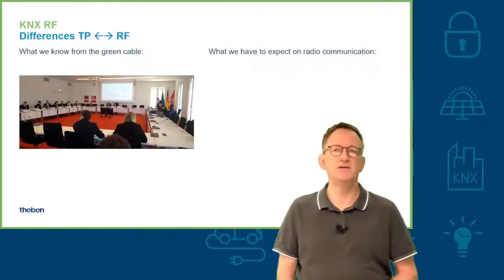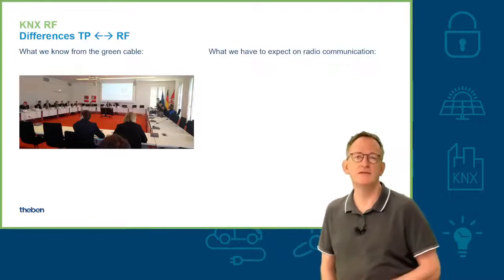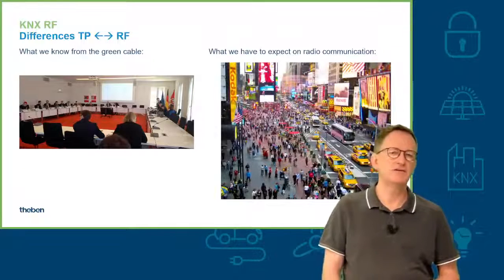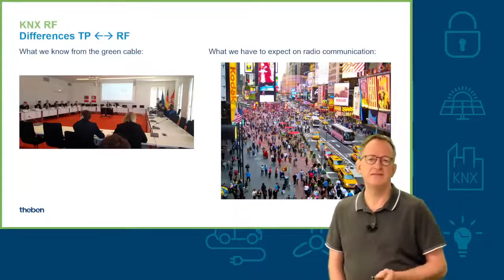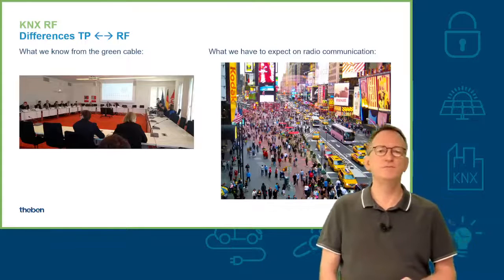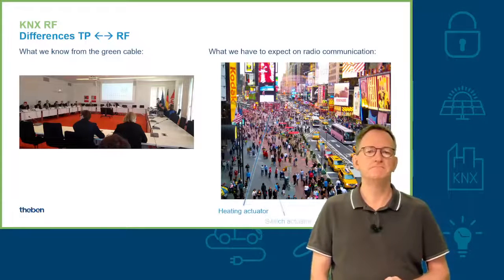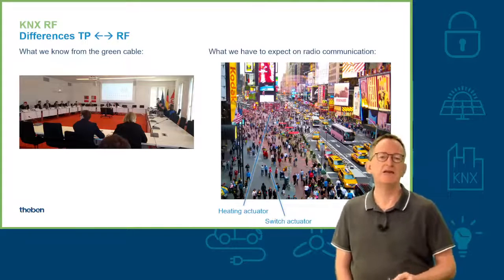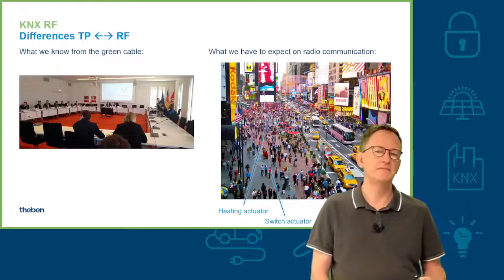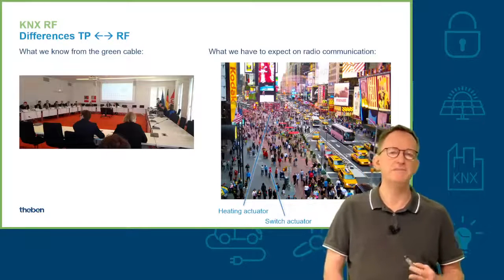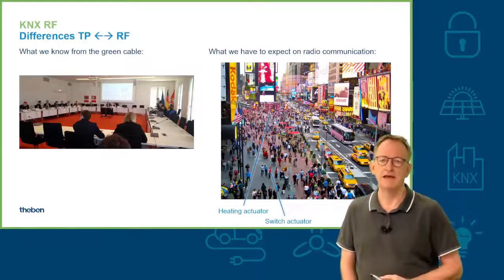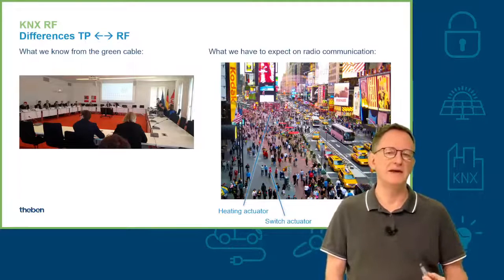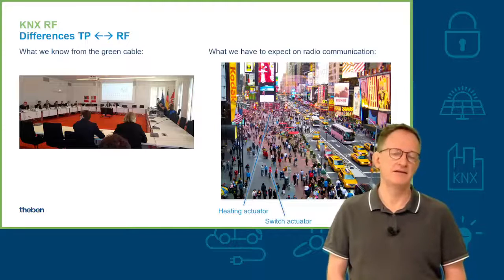What happens with radio communication, with RF communication? That looks pretty different. If we have two people who would like to talk to each other, they cannot wait until it's completely quiet. They do not even know how many people are around them, and the other people will never wait until they have finished their communication.